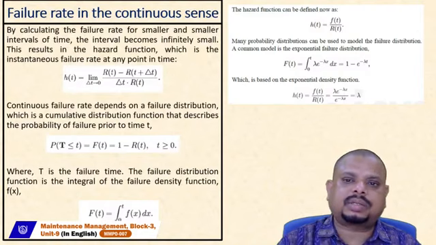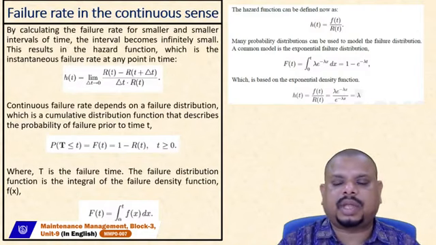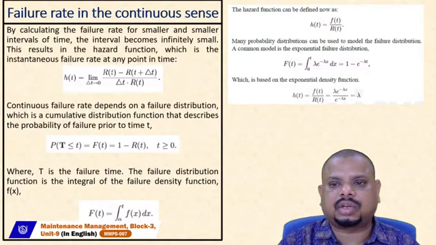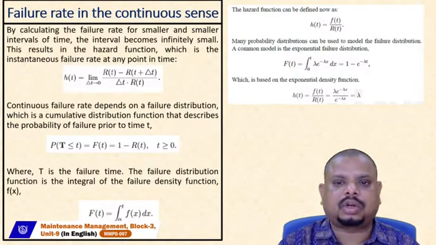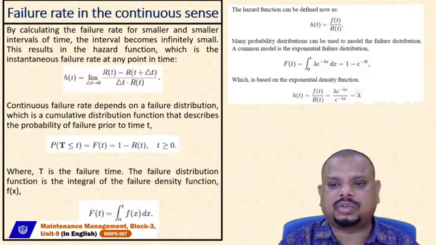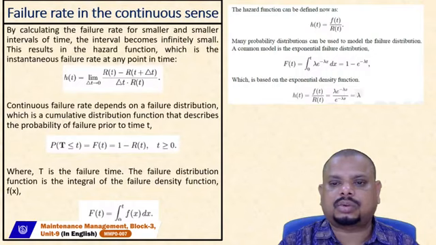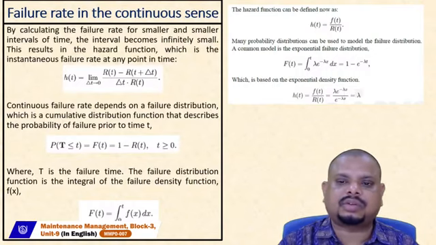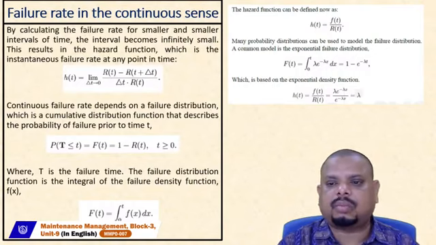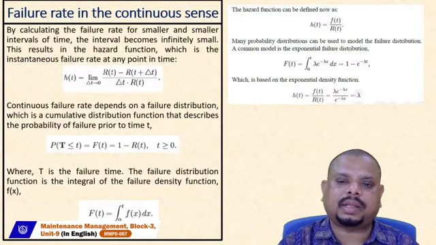Moving to the next one, to understand the hazard function, which can be expressed as h(t) equals f(t) divided by R(t). This is equation 4. Next, many probability distributions can be used to model these failure distributions. The common model, the exponential failure distribution, is F(t) equals the integration from 0 to t of lambda e to the power minus lambda x dx, which you can simply write as F(t) equals 1 minus e to the power minus lambda t.